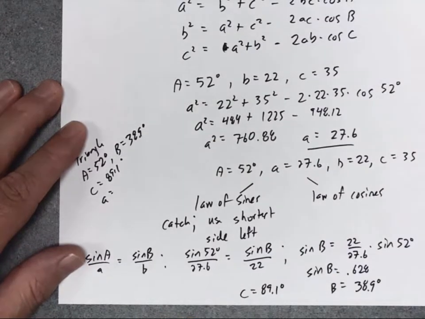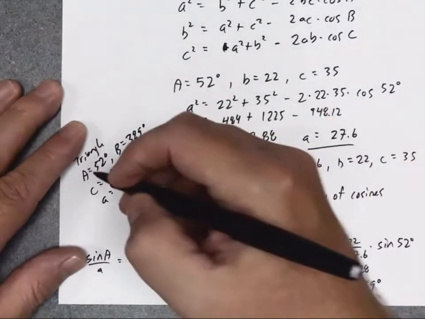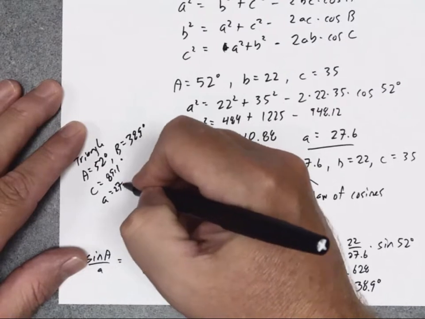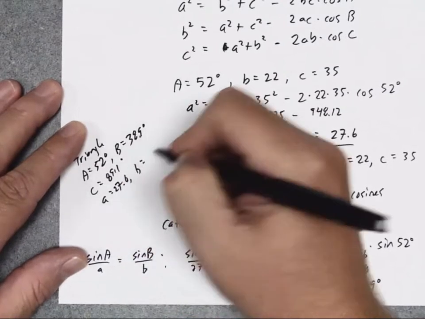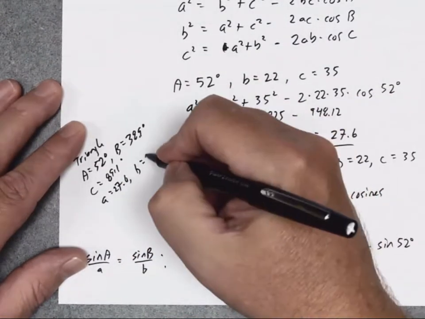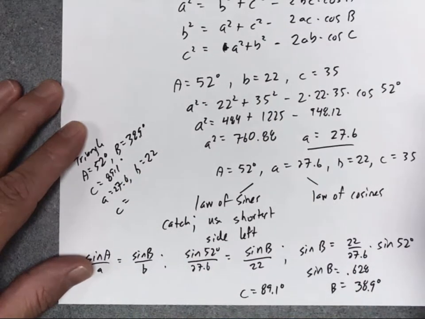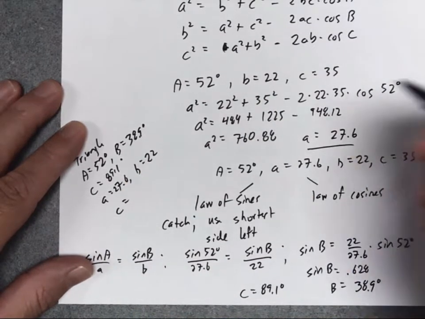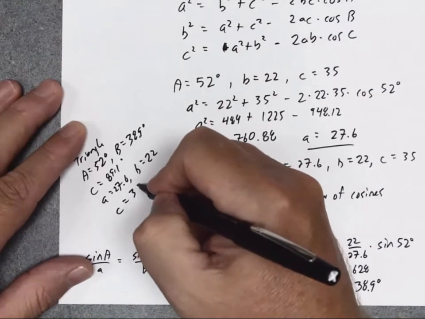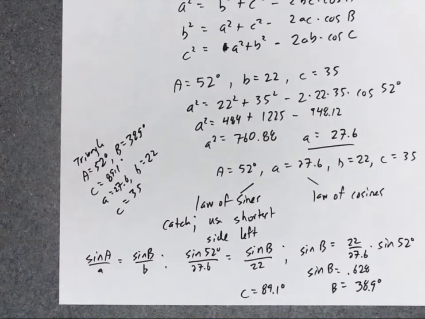Little a was given as 27.6. Little b was given as 22. And C is 35.